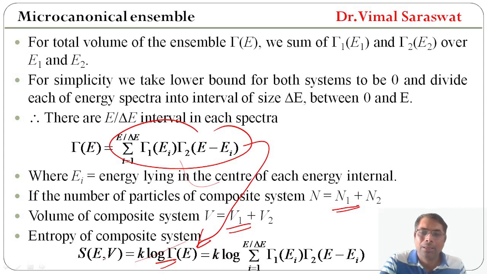So S equals k log of the sum over i equals 1 to E upon delta E of gamma 1 Ei, gamma 2 E minus Ei.